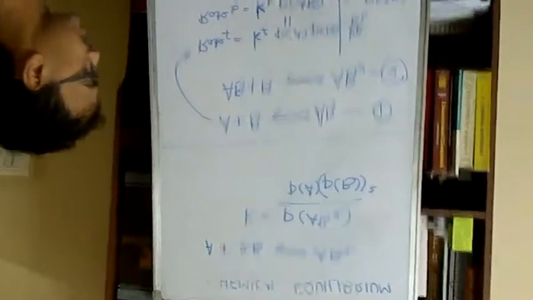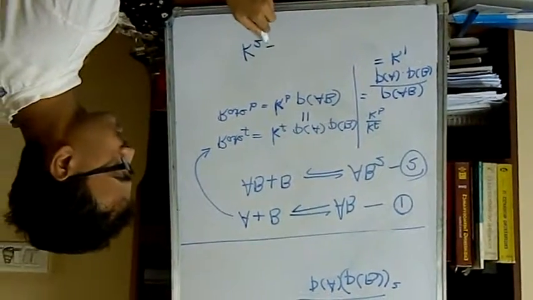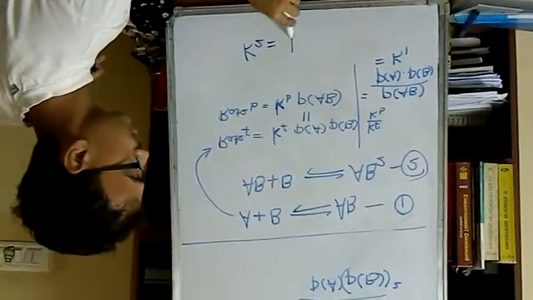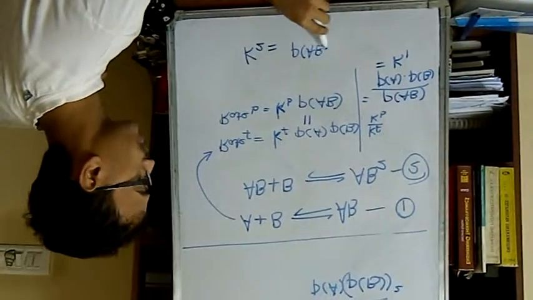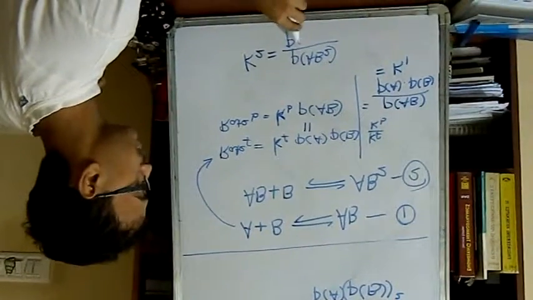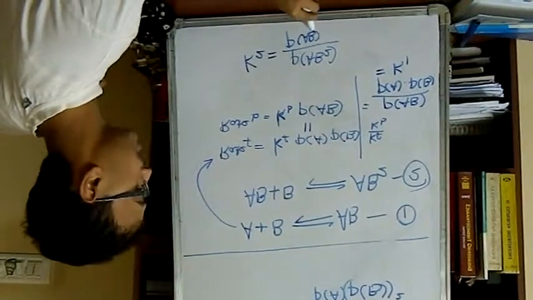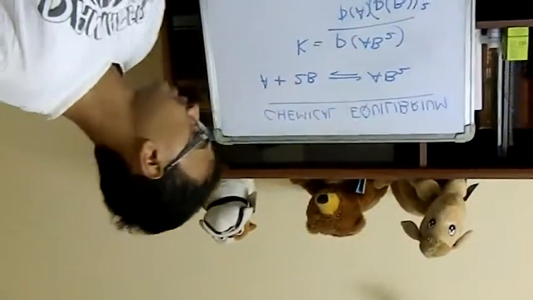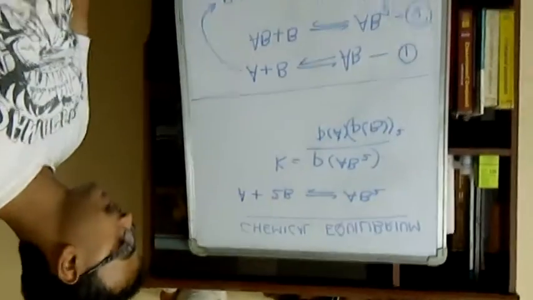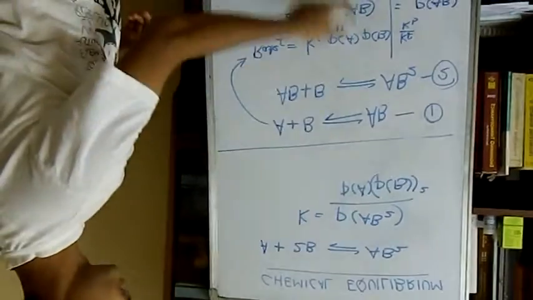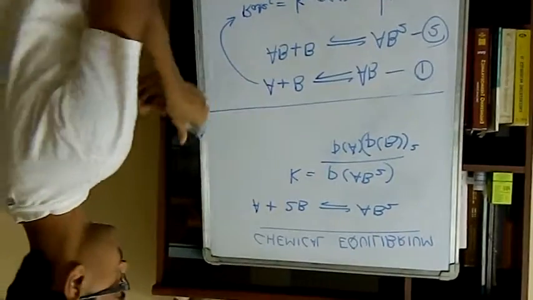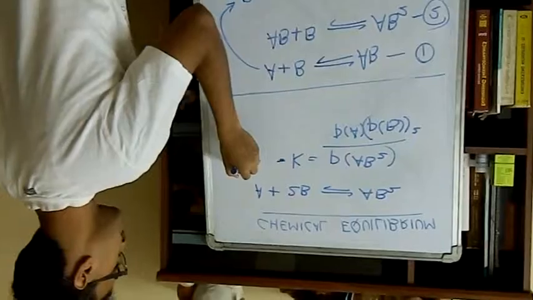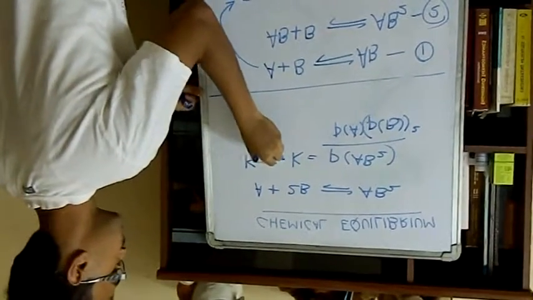Similarly, the equilibrium constant K2 for the second reaction will be equal to the partial pressure of AB2 divided by the product of the partial pressure of AB and the partial pressure of B. Notice that when you multiply K1 and K2, you get K. So K is equal to K1 K2.